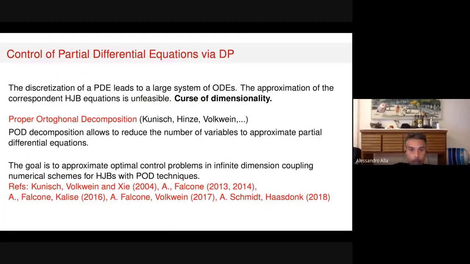So when dealing with a partial differential equation, as I mentioned, we ended up with a very large system, and one way is to use proper orthogonal decomposition, which is a way to decrease the number of degrees of freedom, or in other terms, to make an orthogonal projection onto a lower dimensional subspace.